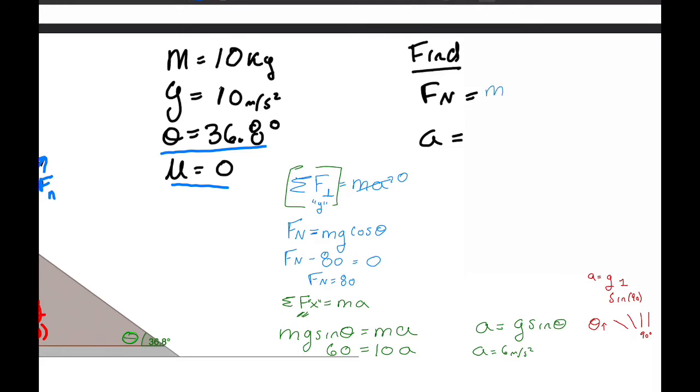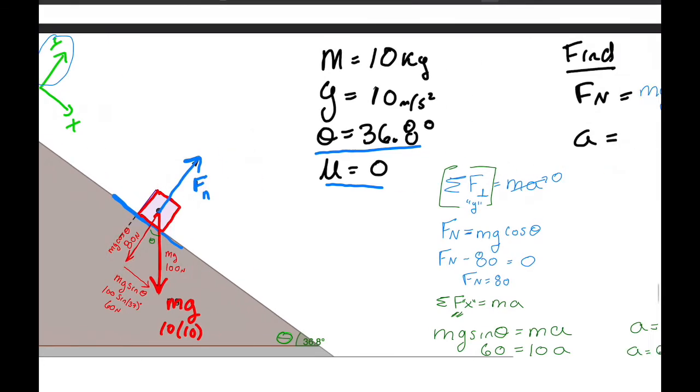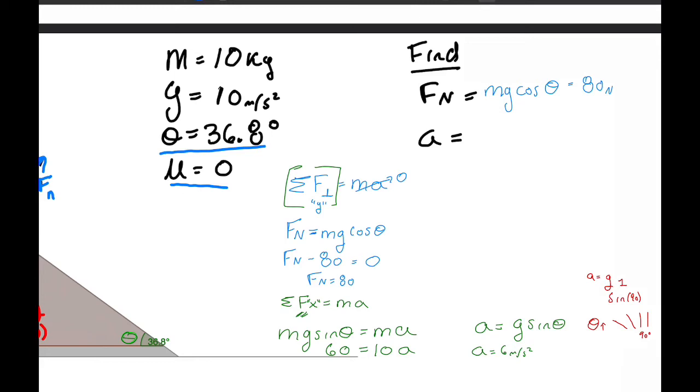Just to reiterate one more time, find Fn and a. Fn is mg cosine theta. That numerically came out to be 80 newtons. On our picture, that part is right here. Acceleration, a, came out to be g sine theta, which mathematically comes out to be 6 meters per second squared.